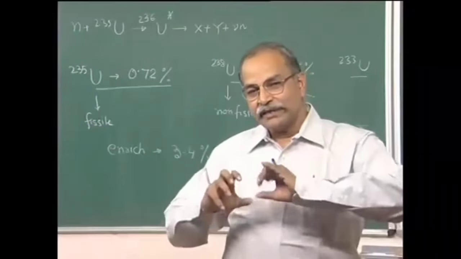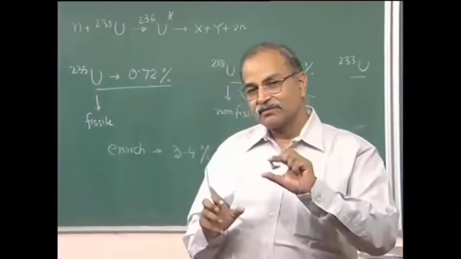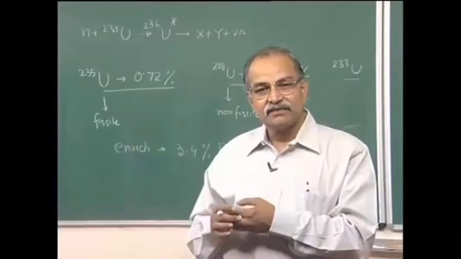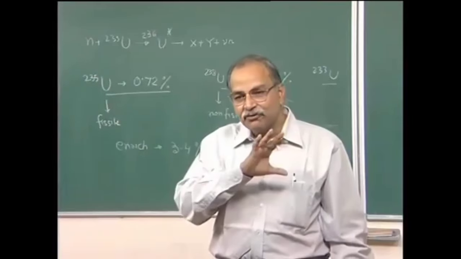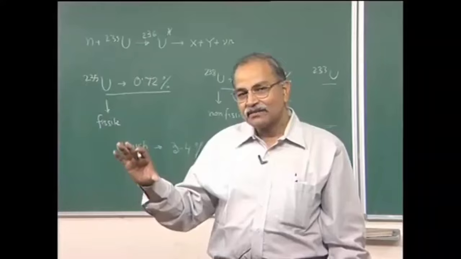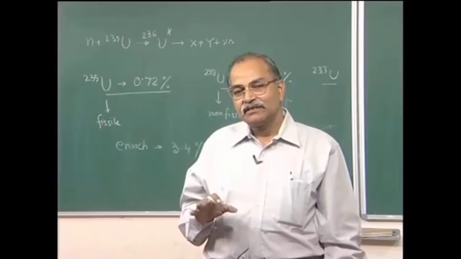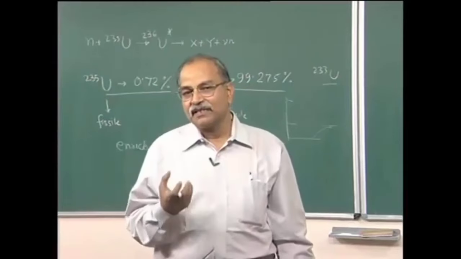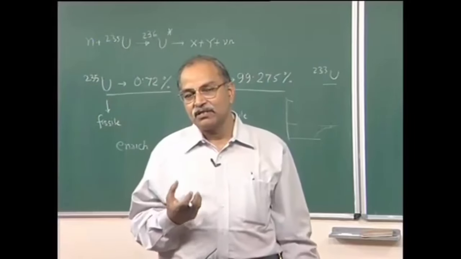to enrich that part, people make a gas out of it, something like a fluoride, and in the gaseous form it is taken through some kind of a mesh so that diffusion can take place, and the rate of diffusion depends on the mass of the diffusing gas molecules.